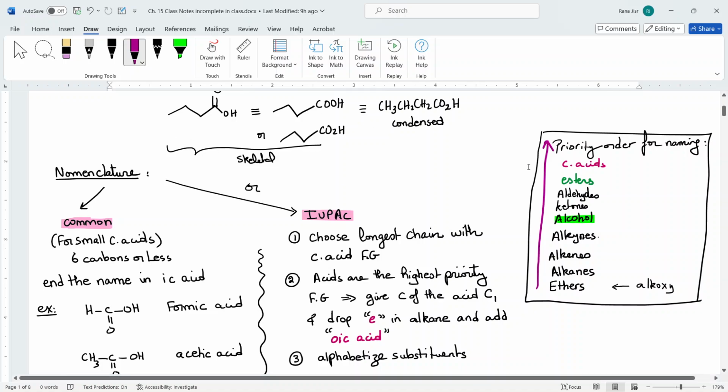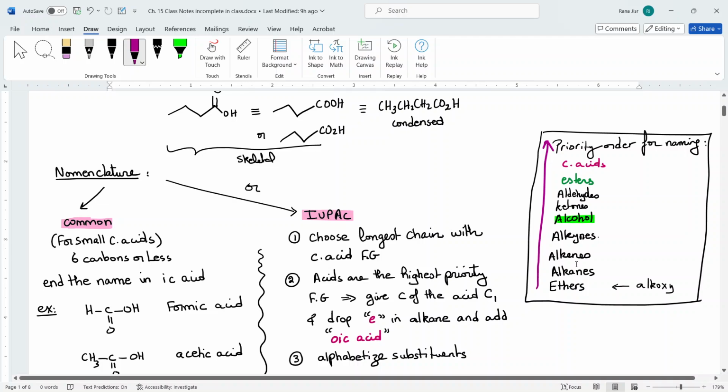Your carboxylic acids are at the top of the table in the priority. This means that when the acid is there, always the carbon of the carboxylic acid has to take carbon number 1. Esters are underneath carboxylic acids, but they are higher priority than aldehydes and ketones. So this is the priority order in there.